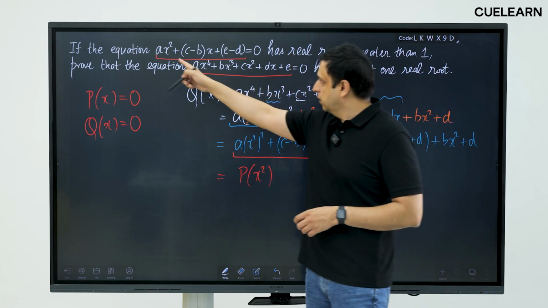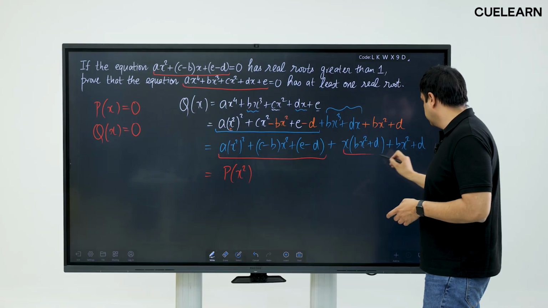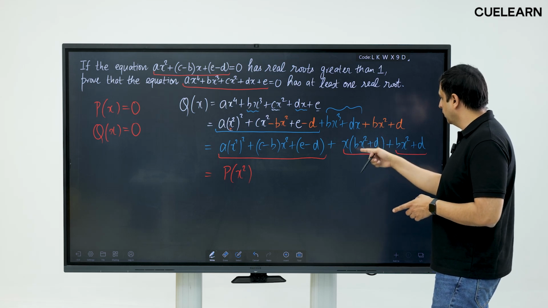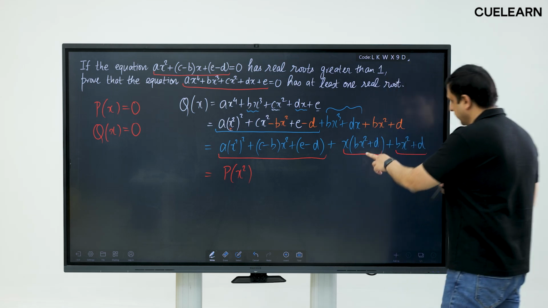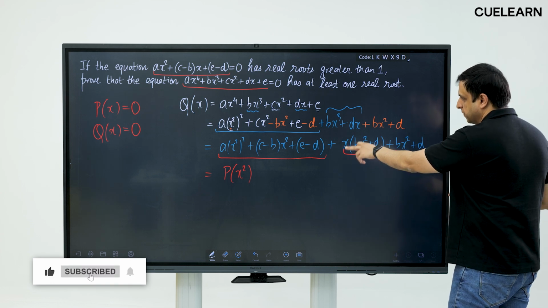You just substitute, instead of x you substitute x square, you get this expression here, and then you have this term plus this term. So, you take out the bx square plus d common. So, you get 1 plus x, because this is bx square plus d times 1, this is bx square plus d times x.